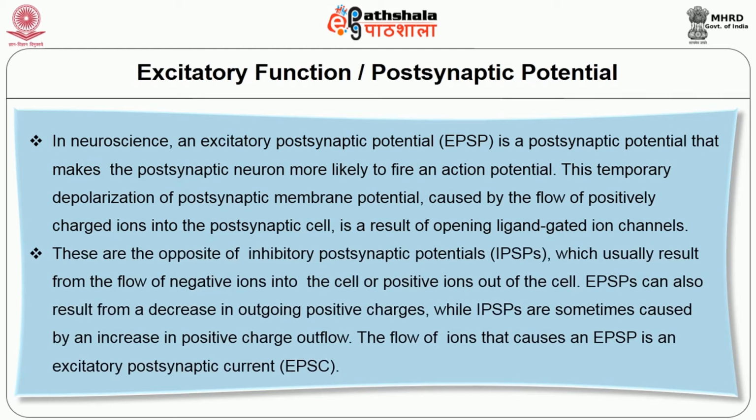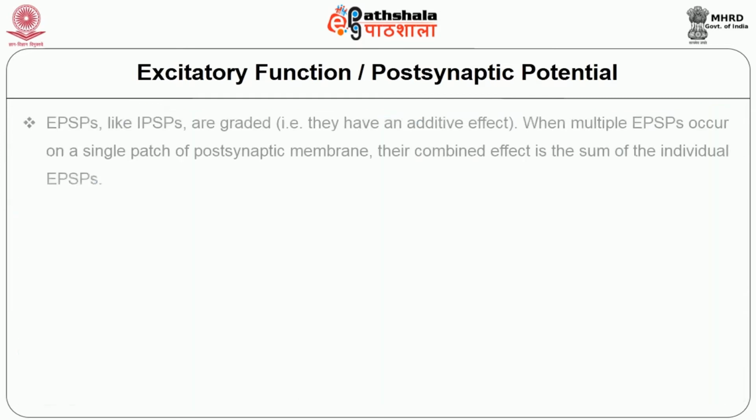These are the opposite of inhibitory postsynaptic potentials, that is IPSPs, which usually result from the flow of negative ions into the cell or positive ions out of the cell. EPSPs can also result from a decrease in outgoing positive charges, while IPSPs are sometimes caused by an increase in positive charge outflow. The flow of ions that causes an EPSP is an excitatory postsynaptic current.